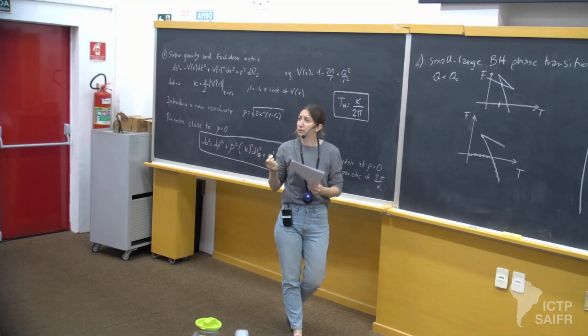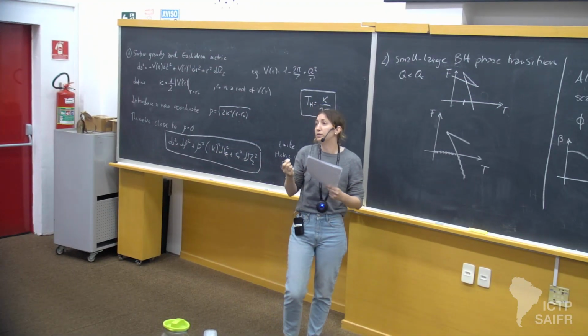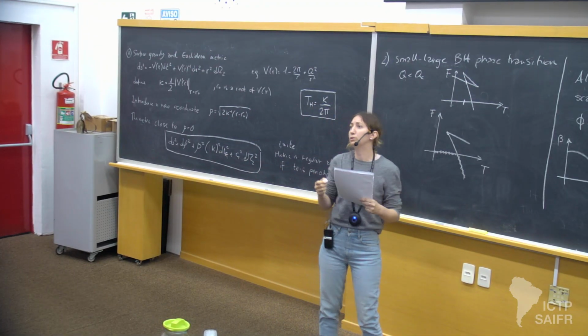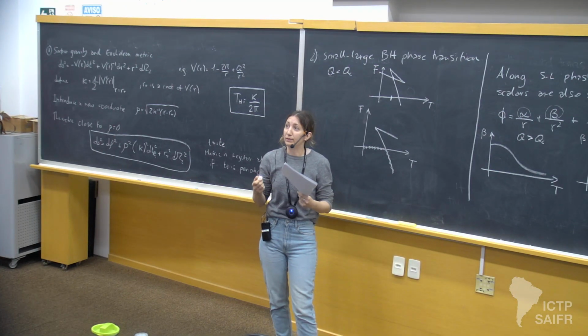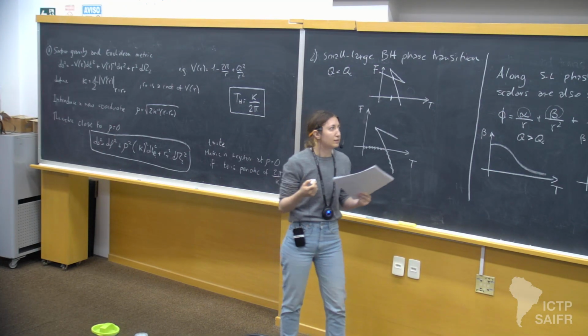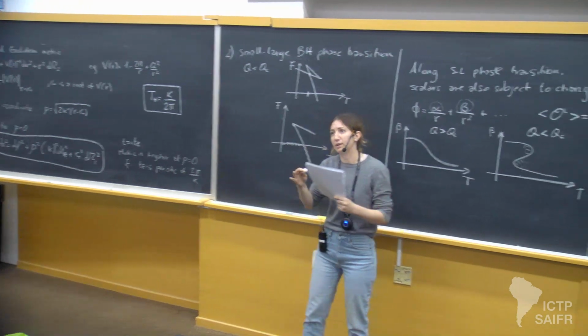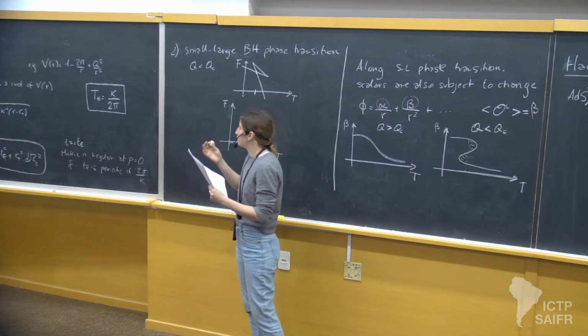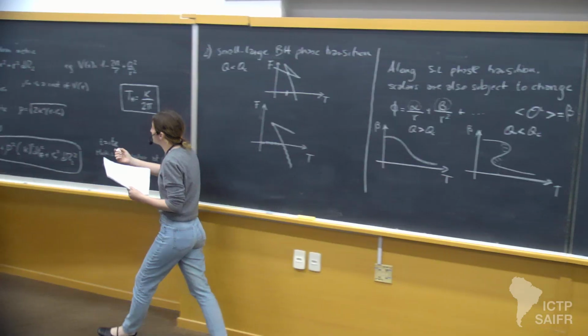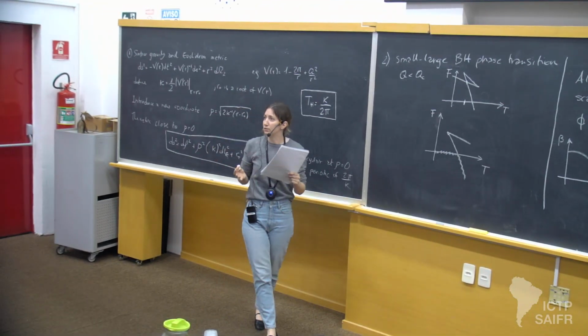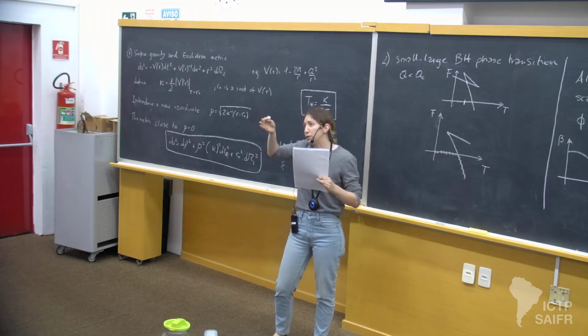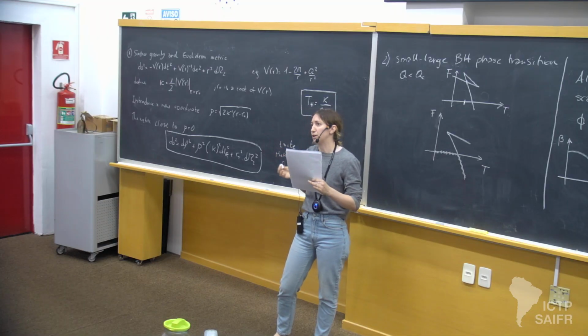You stick to the region outside the horizon. This also has some justification, in that you would like to have an Euclidean geometry that caps off smoothly at the outer horizon, in such a way that it's very regular. So your space-time eventually ends at R equals R plus.